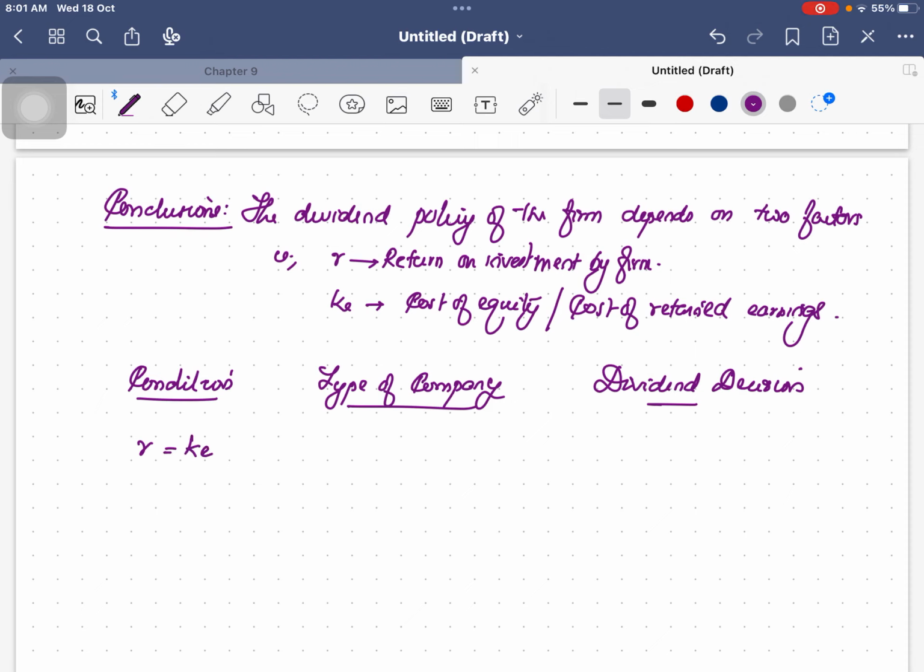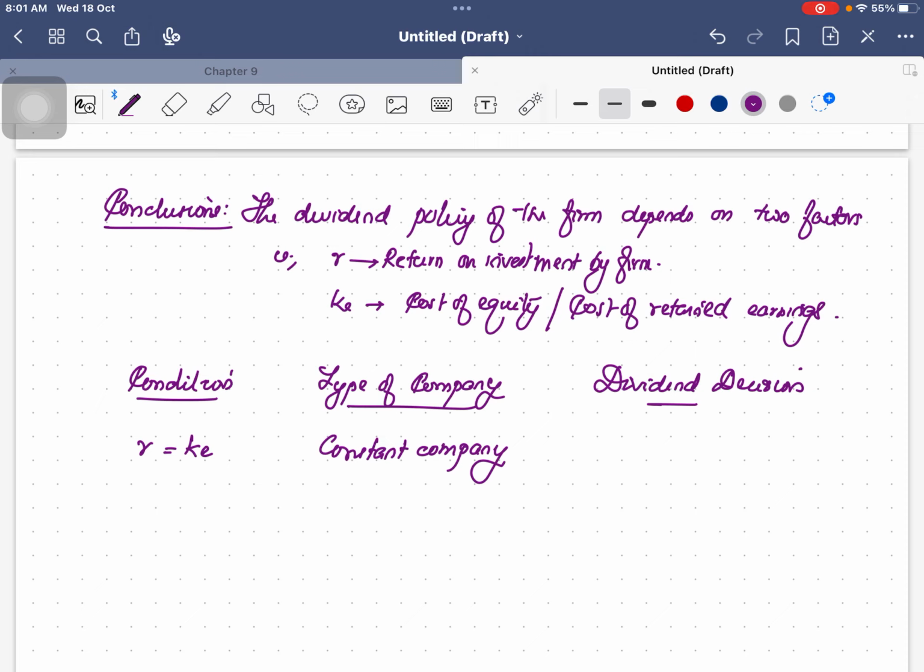You are able to reinvest your dividend at the same rate of return that the equity shareholders expect from you. So R is equal to KE, which means it is a constant company. The company is neither growing nor declining.